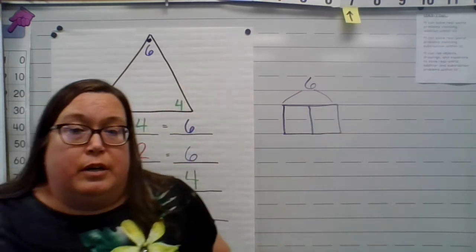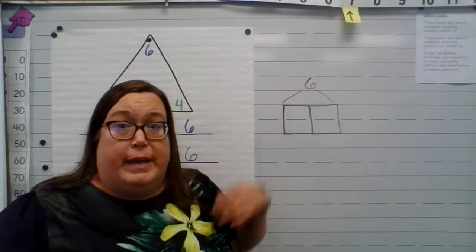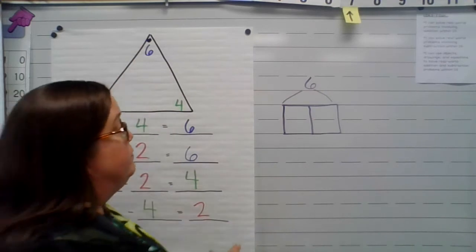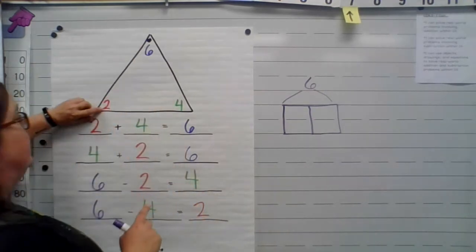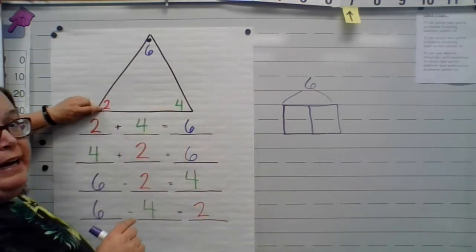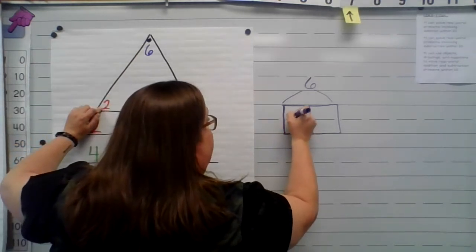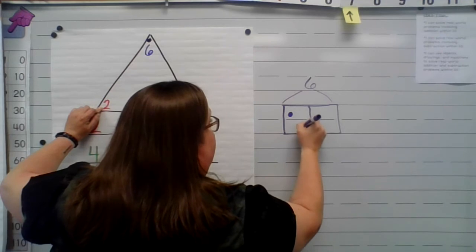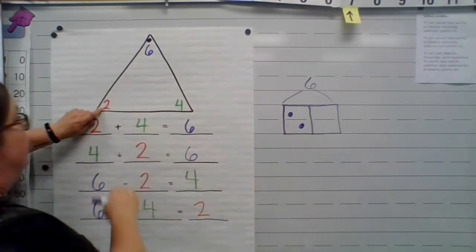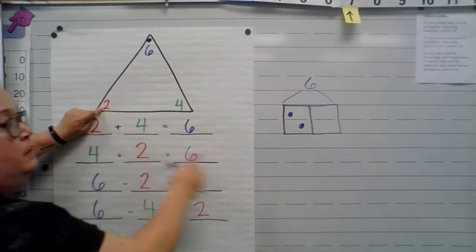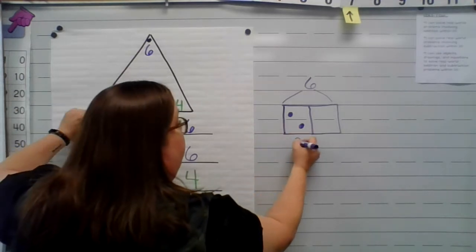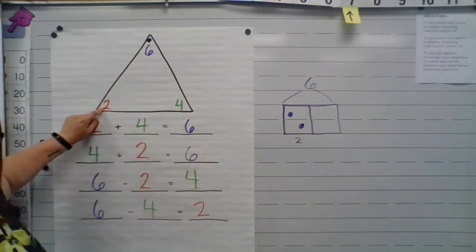All of the dots that are going to be on here are going to make 6. Okay. So the next thing I'm going to do is draw this many dots on one side. Okay, 2, 2. I'm going to label it so we remember.